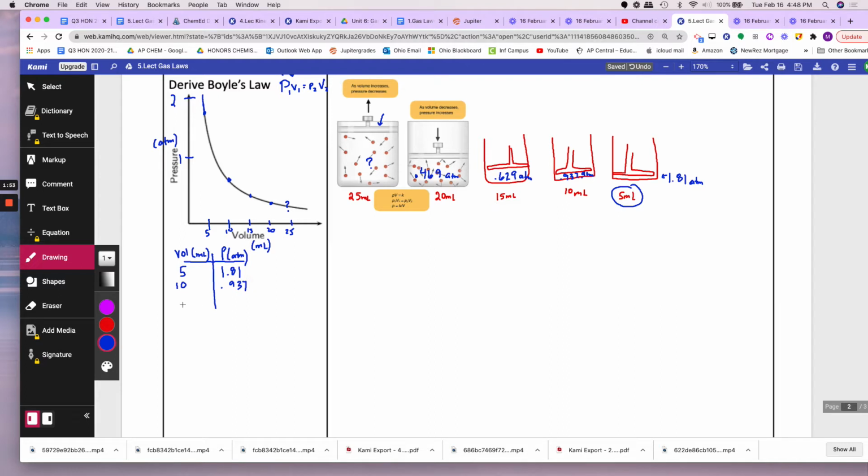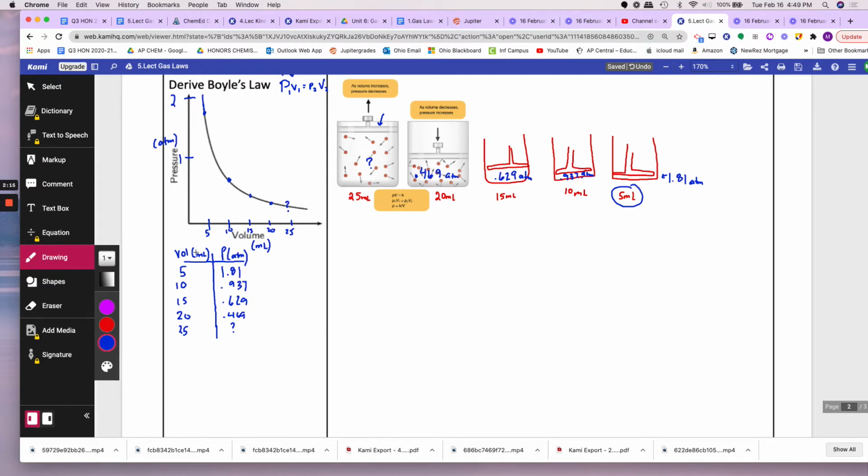At 15 mils, the pressure is even lower, 0.629. At 20 mils, the pressure is 0.469. And at 25 mils, the pressure gauge broke, so we'll never know what that is experimentally. Therefore, we have to use this data.